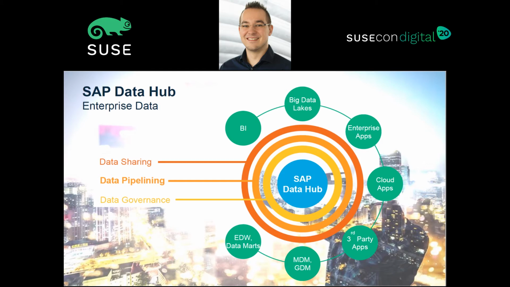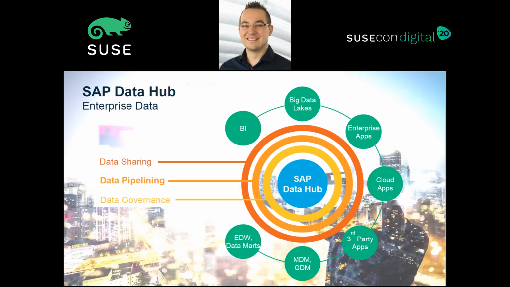And the places where you store that data, we can call a silo. And a silo contains data like BI data, big data lakes, enterprise apps, cloud apps, third-party apps, master data management, enterprise data warehouses, and so on. And if you now want to analyze all the data together, it becomes quite tricky since the silos are rarely well interconnected.